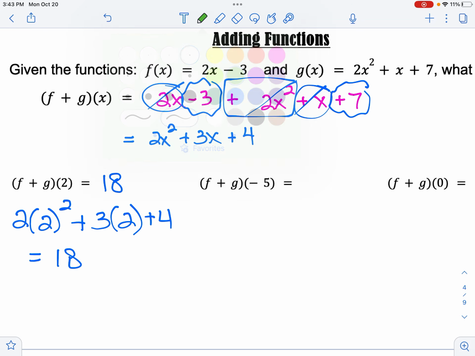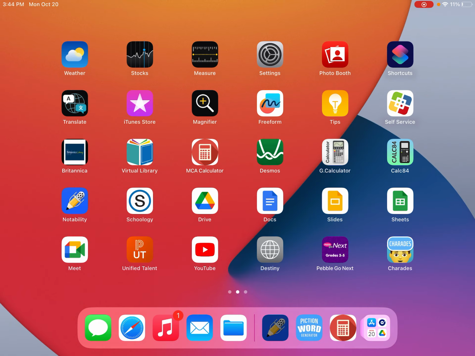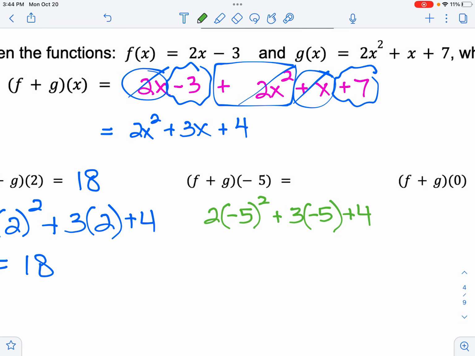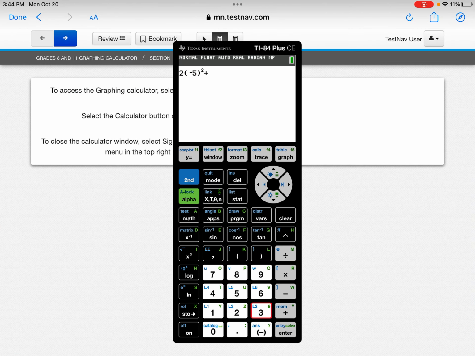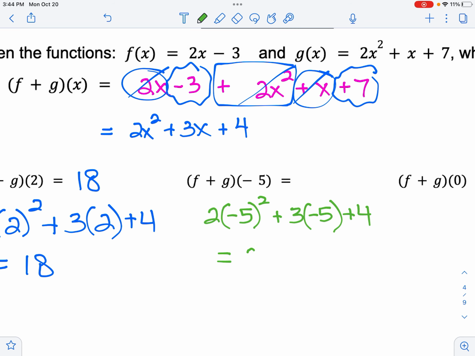And then what was the rest? It's plus 3 times negative 5 plus 4. Okay, so exactly the way I wrote it, and you get 39. So if you're a little worried about your PEMDAS skills, you can do that. So we get 39.